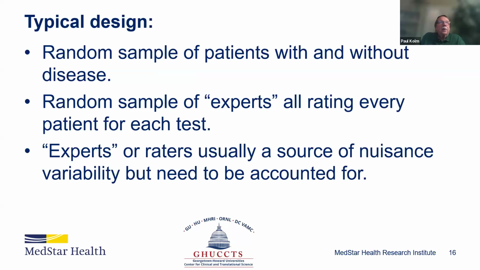So our design is going to be a random sample of patients with and without disease, and then a random sample of experts. And they're going to rate every patient for each test. The experts or raters are usually a nuisance variable, so we're not so concerned about those, but they need to be accounted for in our calculations.